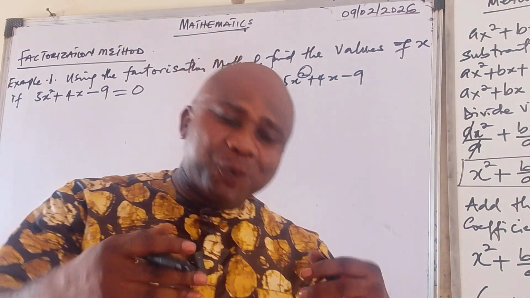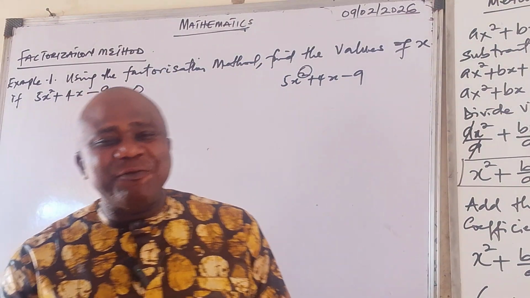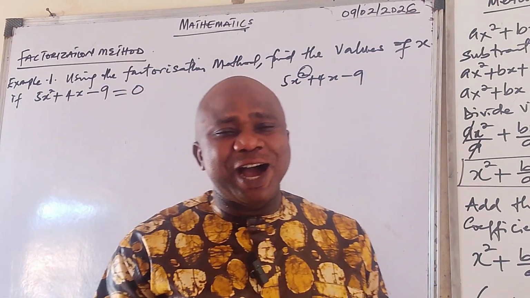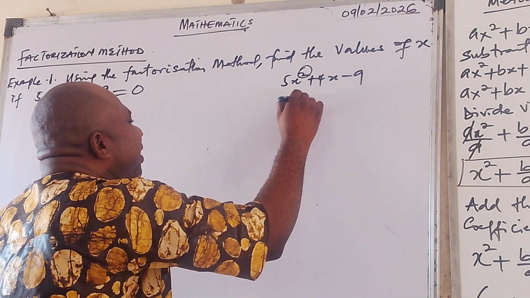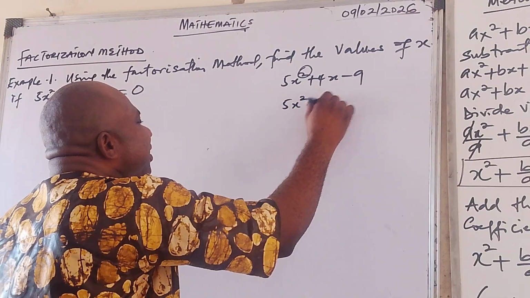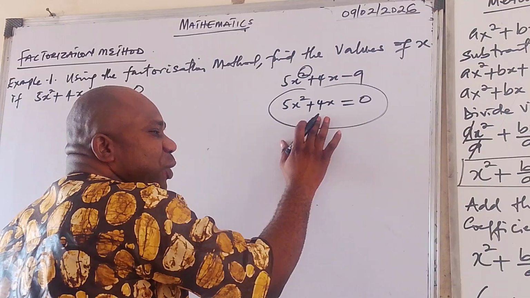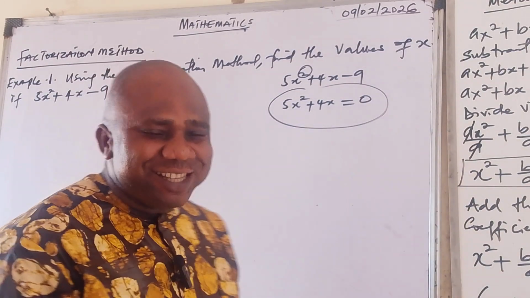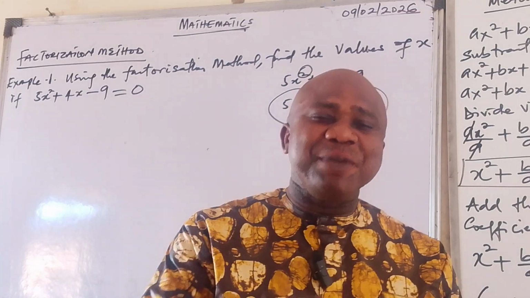Yes. And even with the quadratic equation, we have quadratic trinomials, binomials, and also monomials. For instance, if you have 5x squared plus 4x is equal to 0, you have those two terms here, 1, 2. So this is a quadratic binomial. Bi means 2.